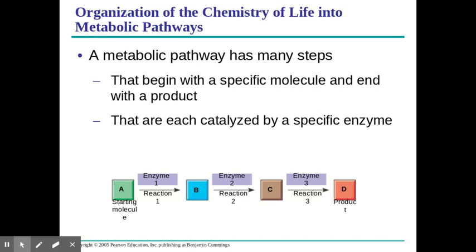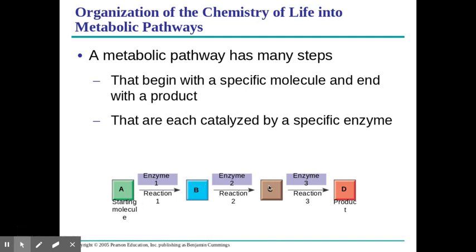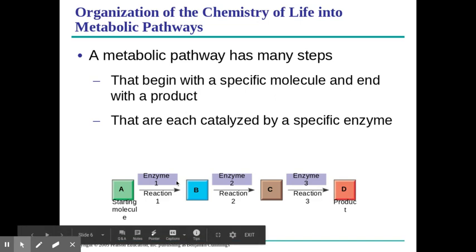All right, so our cells have metabolic pathways, and we try to organize these. You can see if we have a starting molecule that there could be a chain reaction here. One thing I want you to notice is that each step has a different enzyme: 1, 2, 3.